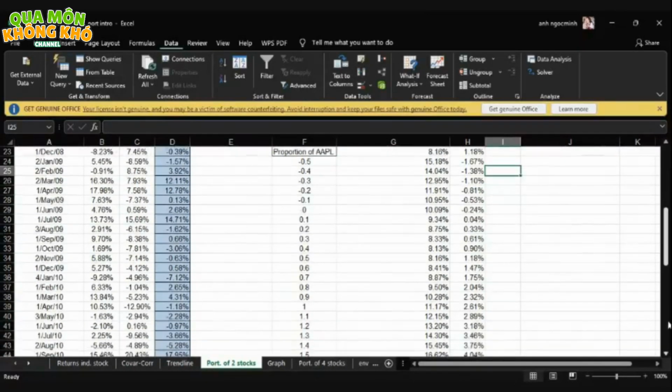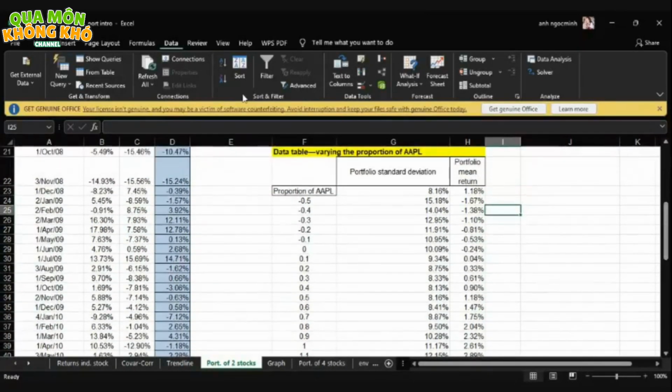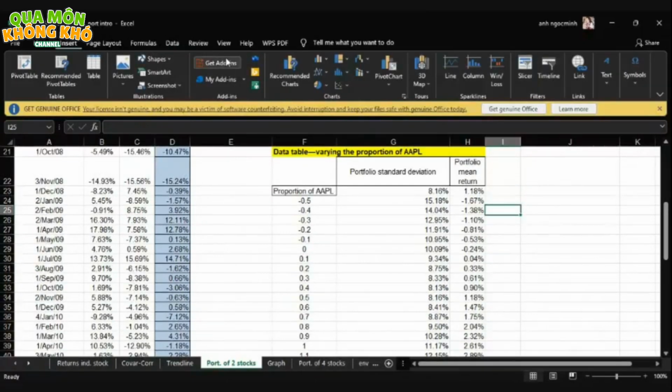And I would like to draw a graph to illustrate this.